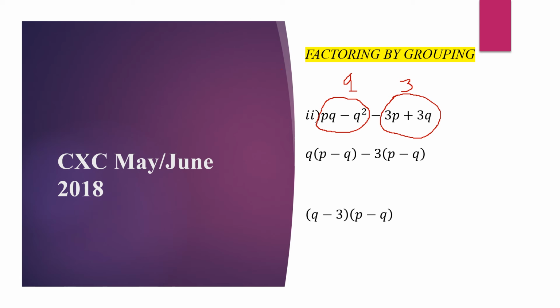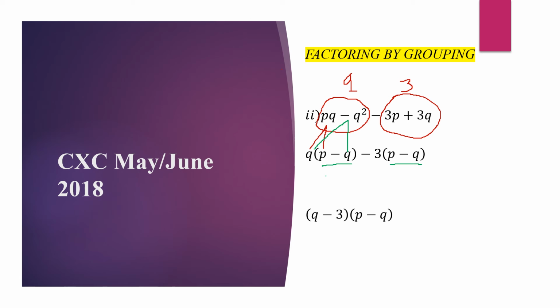We put Q outside of the bracket and we divide Q into PQ to get an answer of P, and then we divide also Q, let us use another color, Q into minus Q squared to give us minus Q. Then anything that's in this bracket here, P minus Q, must also be in this bracket here, P minus Q, for this expression to be factorized properly.